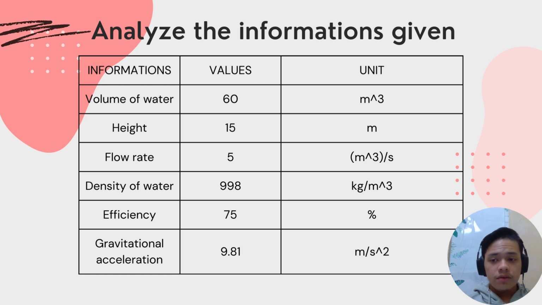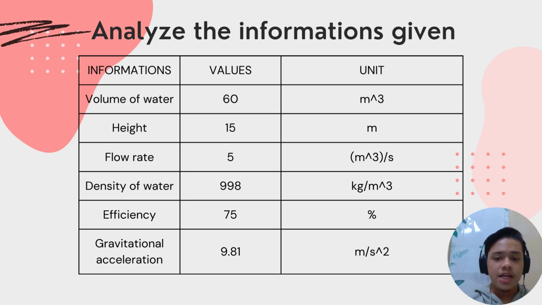So the first information given is the volume of water, which is 60 meter cubic. And the next is height of the water from the turbine. Height of the surface of the water from the turbine is 15 meters. So height is also known as total height. Next is flow rate. Flow rate is 5 meter cubic per second.